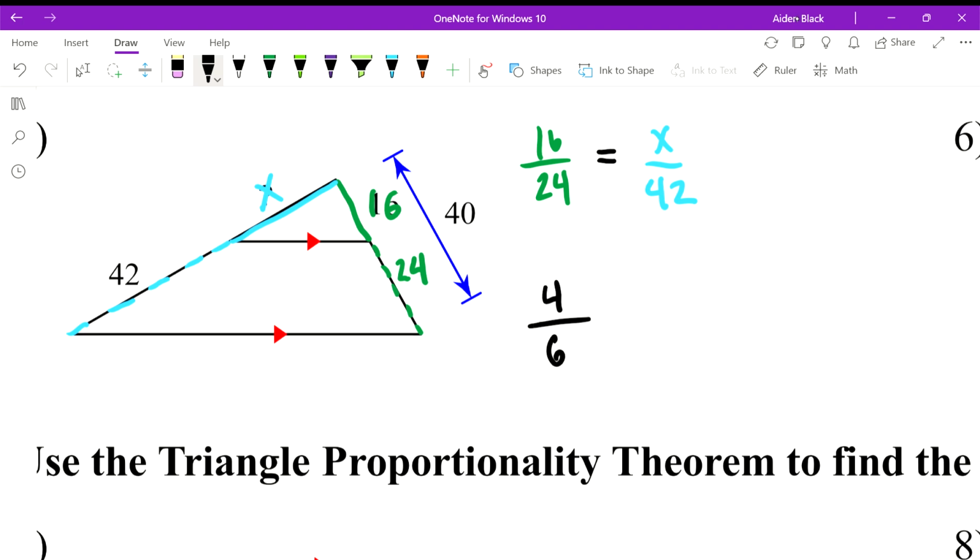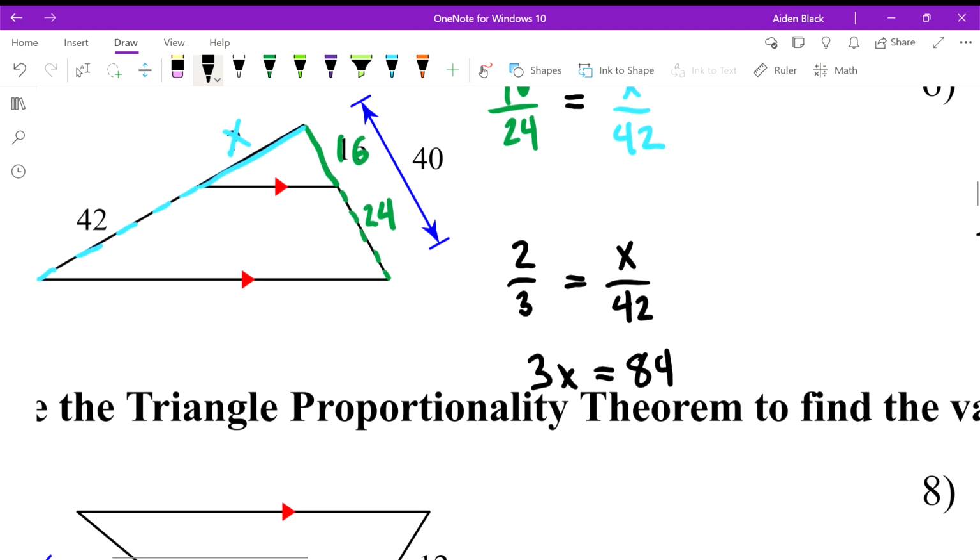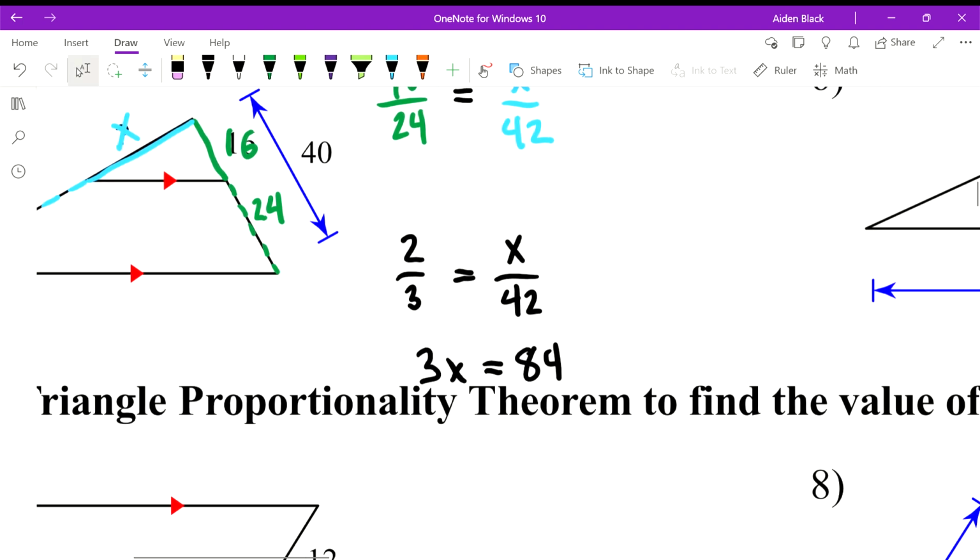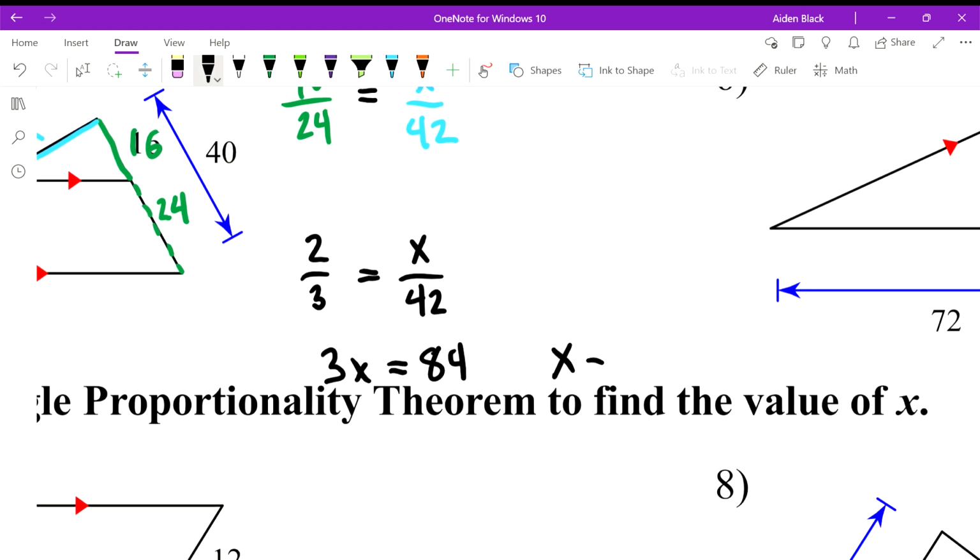It looks like we could have divided by 8, so I'll reduce this more. 16/24 reduces to 2/3. When we cross multiply, we get 3x equals 84. And 3 goes into 90 30 times, so 6 less than that would be 28.